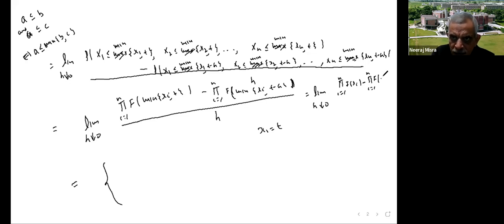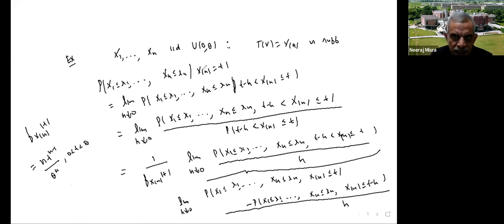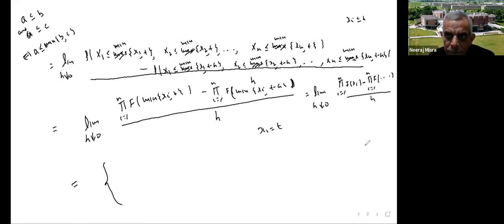Why? Because you can see from here, I can make my life simpler. Because the maximum is given to be t, I should find the density only for when x1 is less than or equal to t, x2 less than or equal to t, and xn less than or equal to t.